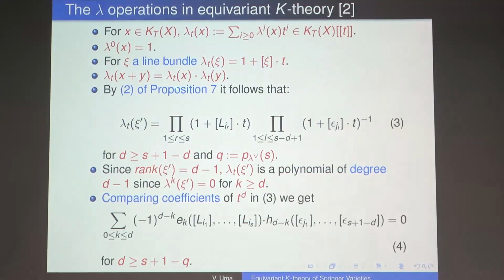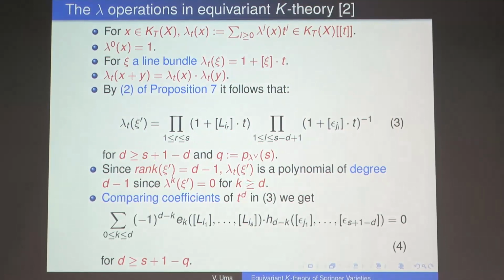And now we use some lambda operations in equivariant K-theory, which are the exterior operations. This lambda operation will take any x to some lambda_t(x), in some power series ring. But whenever we have a vector bundle of some rank d, this will be a polynomial because lambda^k will be 0 for k bigger than or equal to d.